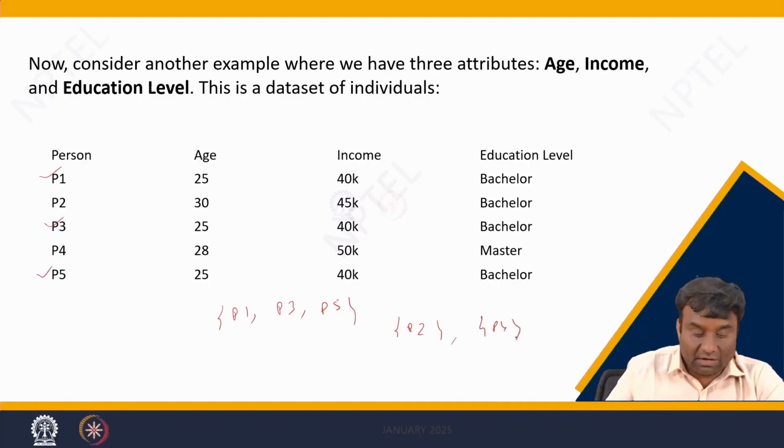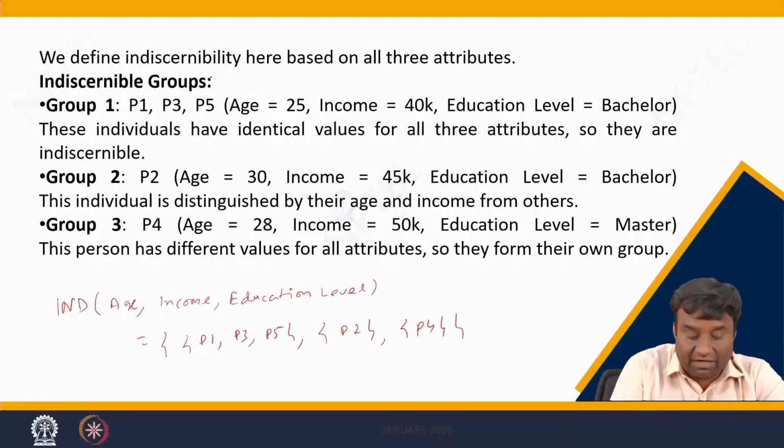Here we define indiscernibility based on all three attributes. In the indiscernible group P1, P3, P5, age is 25 for all three, income is 40k for all three, and education level is bachelor. So these individuals have identical values for all three attributes, so they are indiscernible.